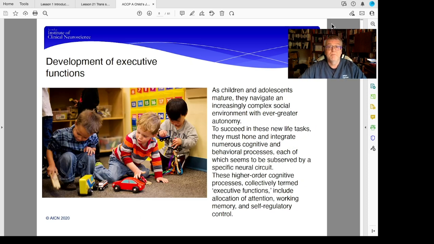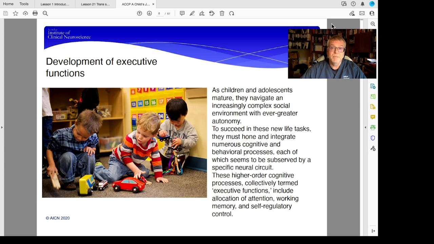Now, the development of executive function is a very important area of development at this time frame. So as children and adolescents mature, obviously they navigate increasingly complex social environments, and they will be given greater autonomy from their parents and caregivers, so that they need to learn how to function on their own.